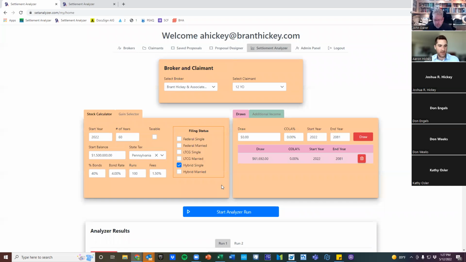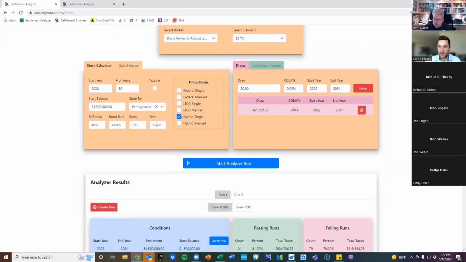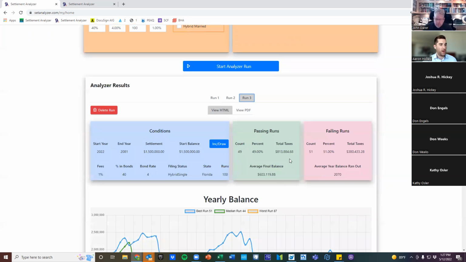And for those of you that join us at NASTA, we see the very similar thing if we change this back to 1% and change the states to another one. For instance, if we changed it to Florida, we see that success is actually better because Florida doesn't have state income tax.